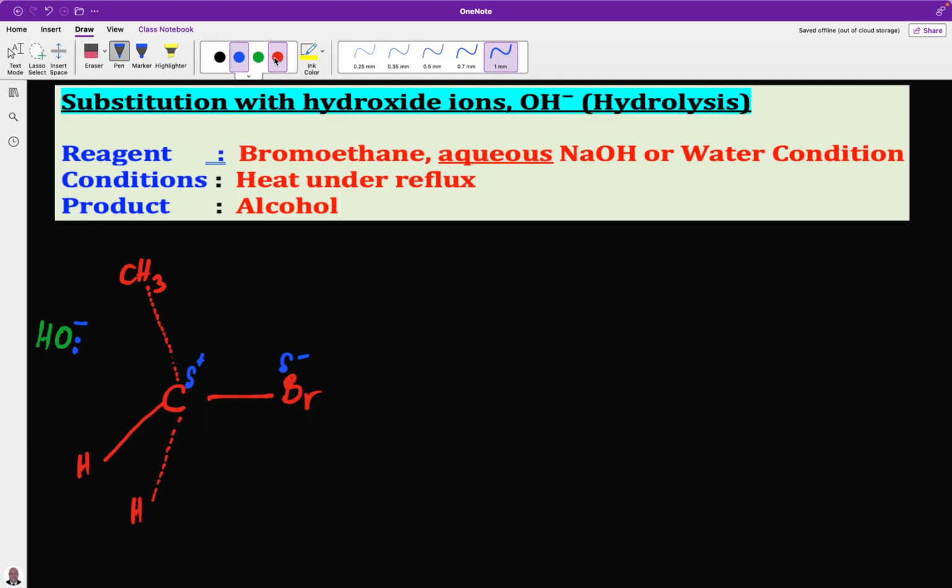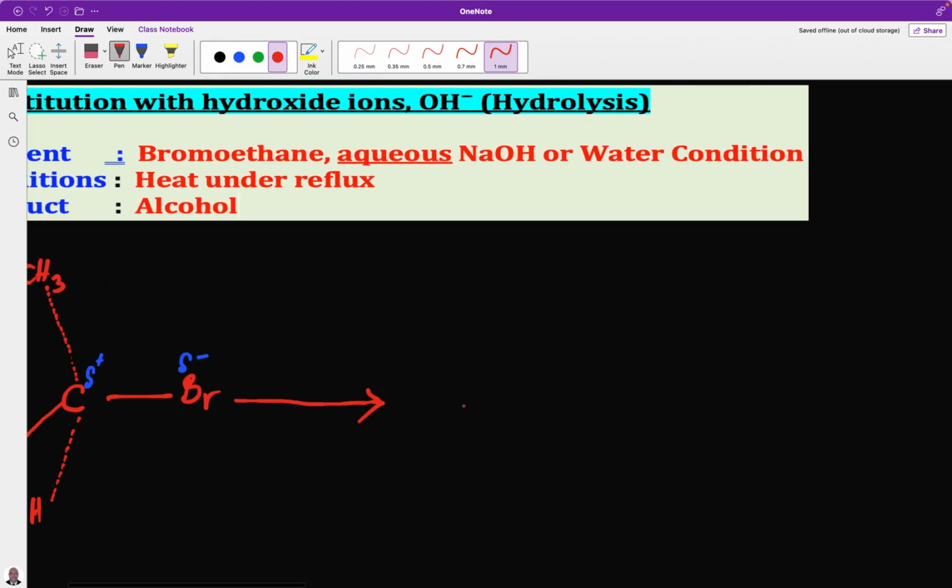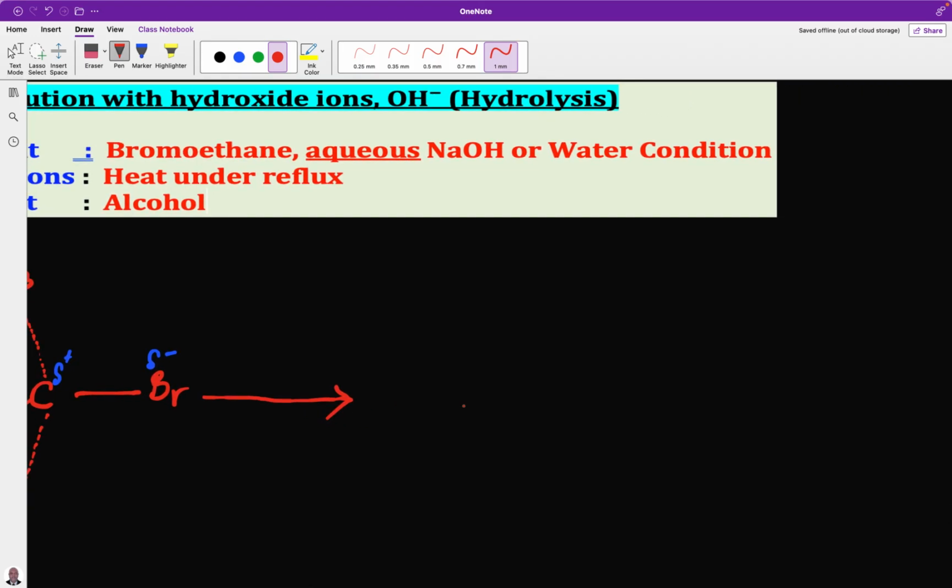What happens? I said it is a one-step reaction in which this is the transition state that I'm trying to form like this.